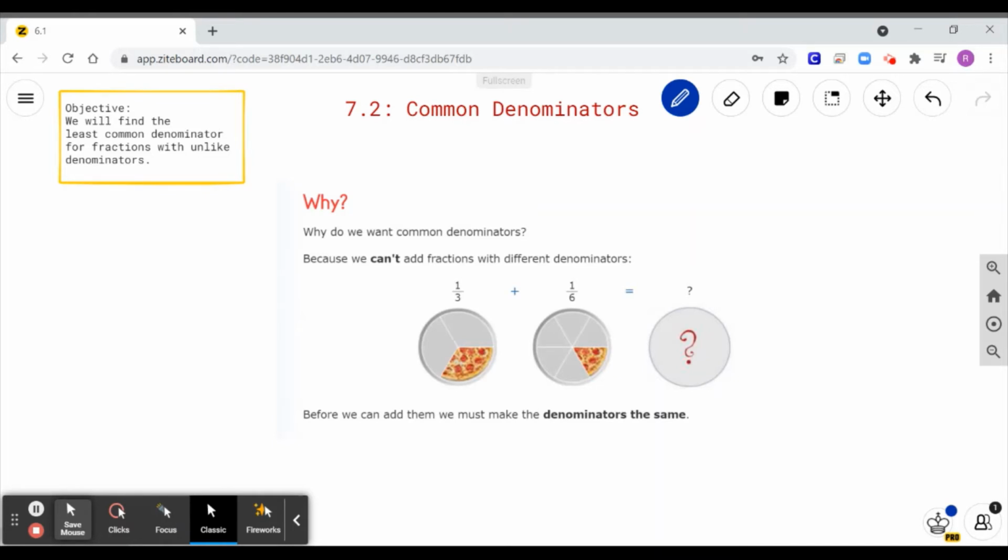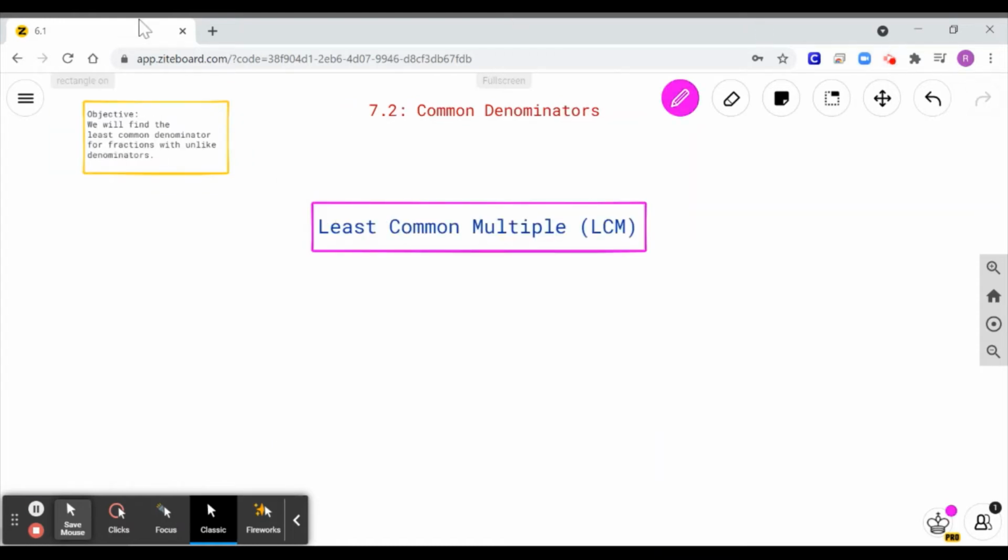If we wanted to add them up, we would have to make the denominators the same by finding their common denominator. In order to find our least common denominator, in order to add or subtract, we first need to find the least common multiple, also known as LCM, for each of the denominators.